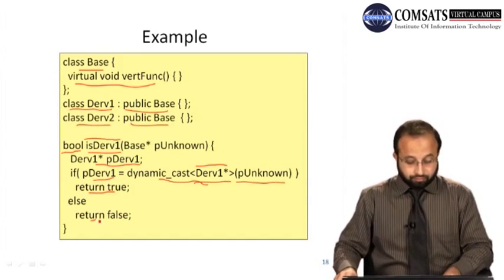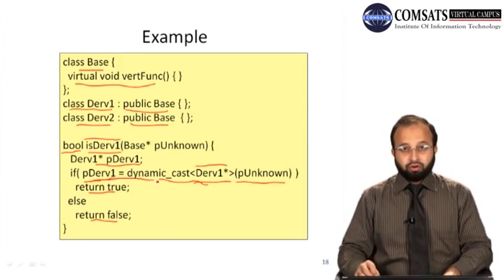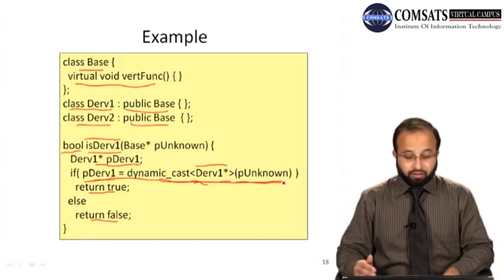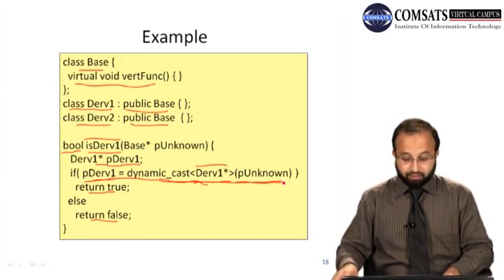So that is a new thing over here. It will convert the p unknown object pointer, जो कि drive 1 या drive 2 ऑब्जेक्ट को पॉइंट कर रहा होगा, जो कि बेसिकली बेस क्लास टाइप का पॉइंटर है, उसको कन्वर्ट करने की कोशिश करेगा drv1 में, right?